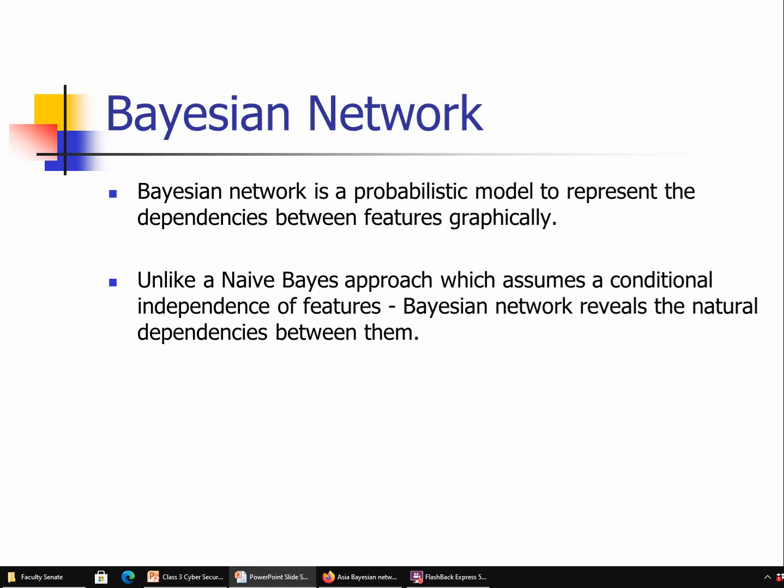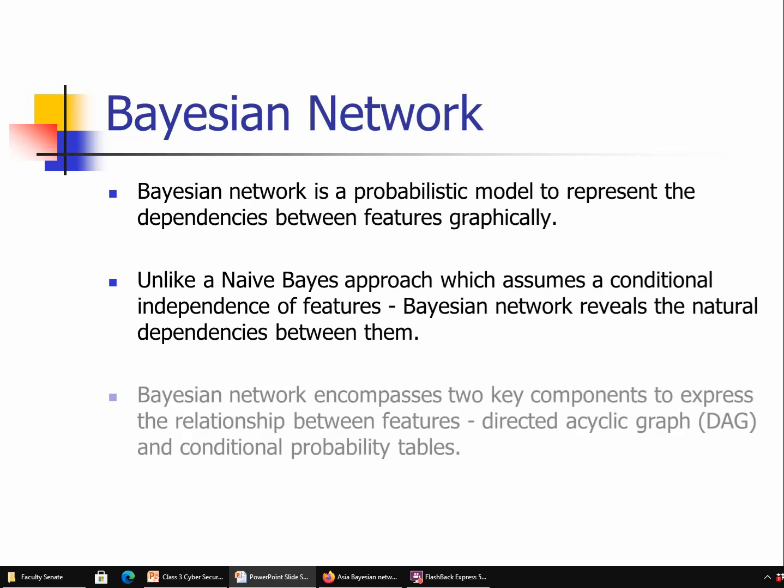So maybe attribute 1 and attribute 2, the combination of them, will result in certain values of attribute 3. And attribute 3 may also affect the final label. So how do we use the correlation between two or more attributes together to form a network? This is the Bayesian network idea.